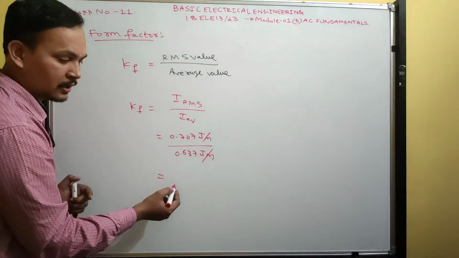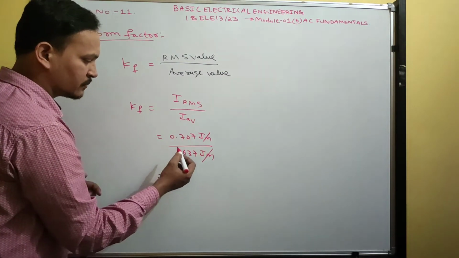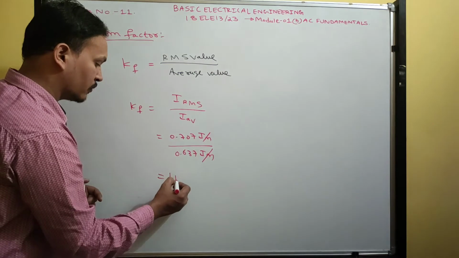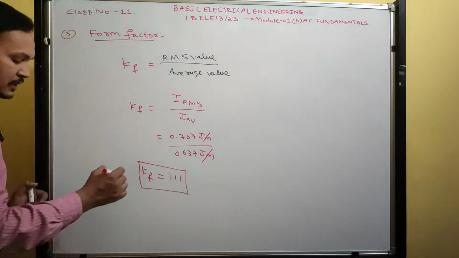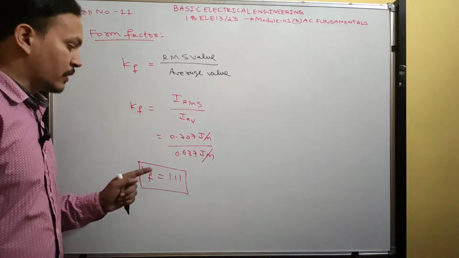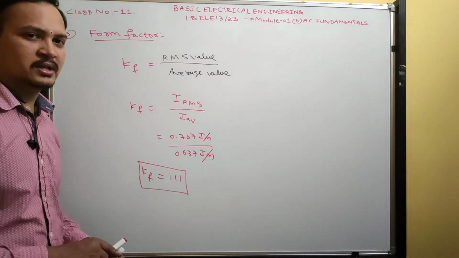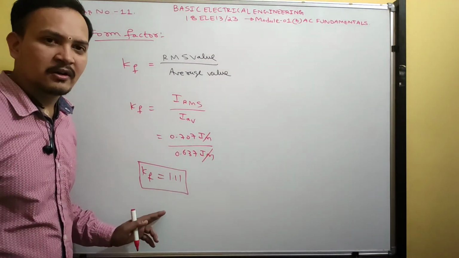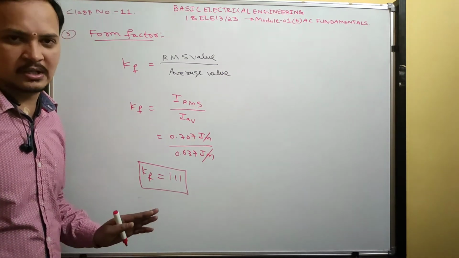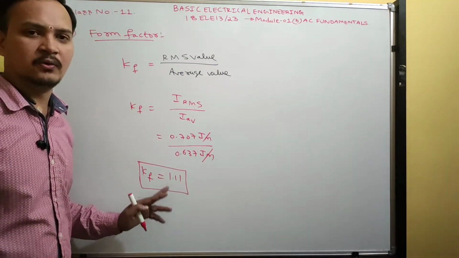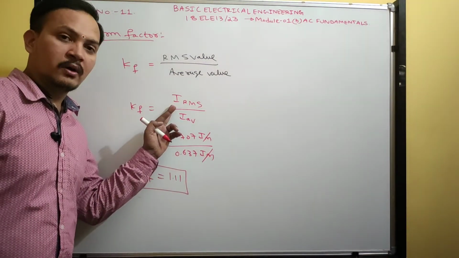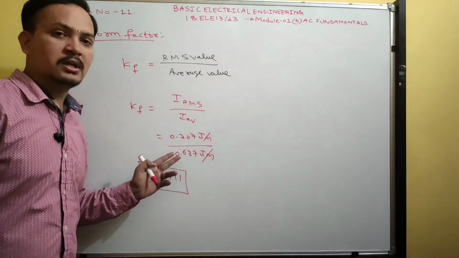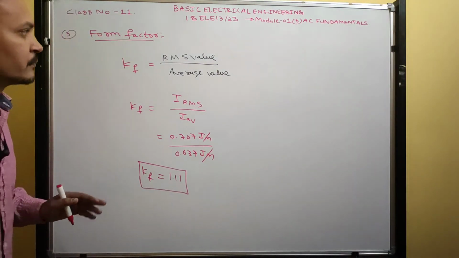Do this in the calculator: 0.707 by 0.637, you will get 1.11. So the form factor of a pure sinusoidal waveform is 1.11. What is the unit of form factor? No unit, it is a numerical value. If the quantity is voltage, E RMS by E average, the same answer.